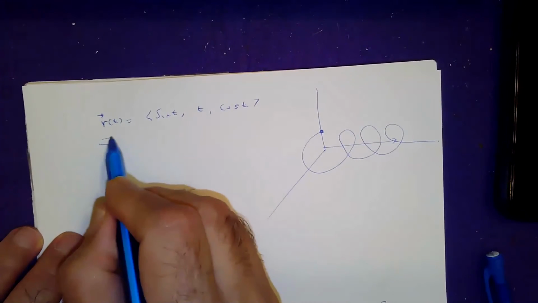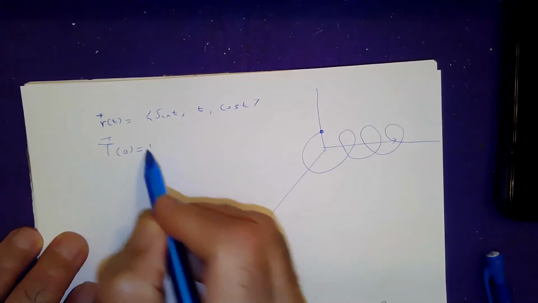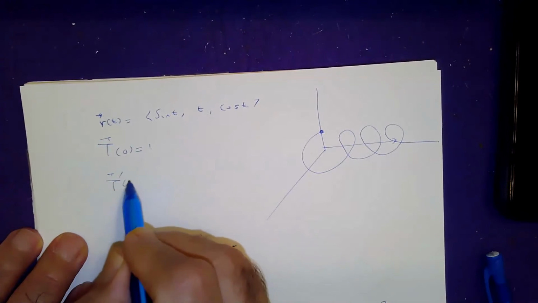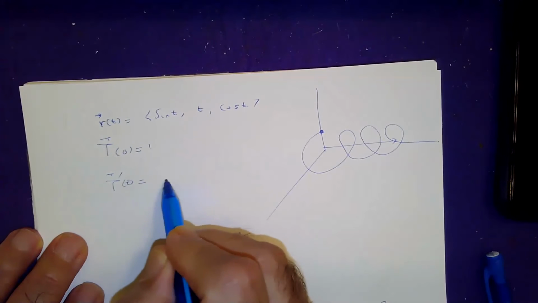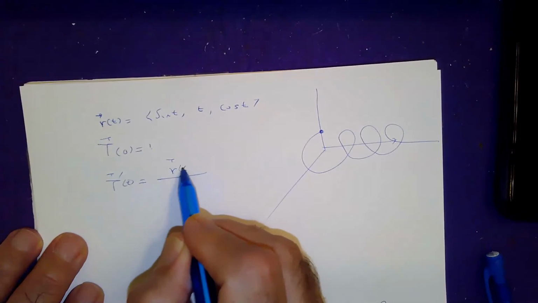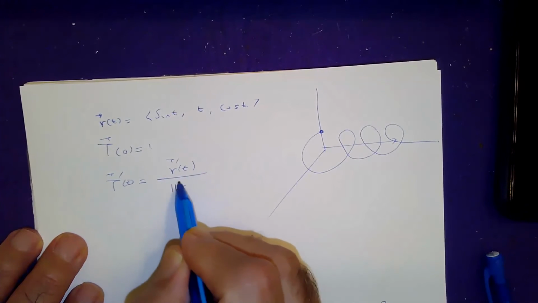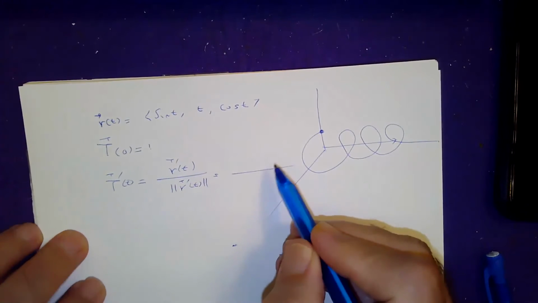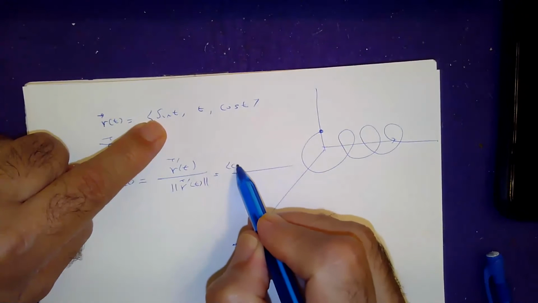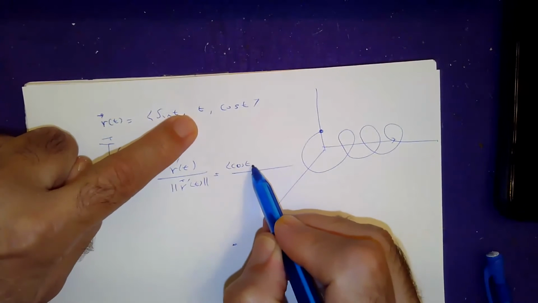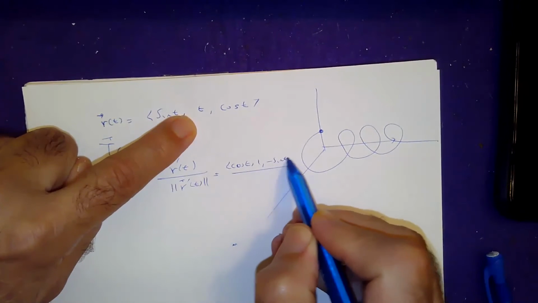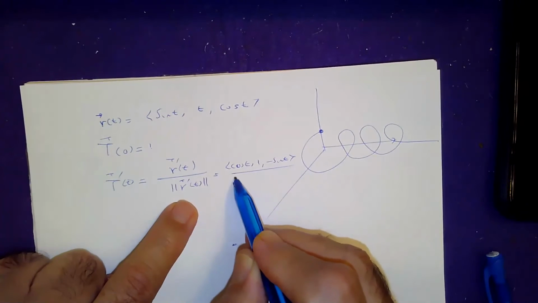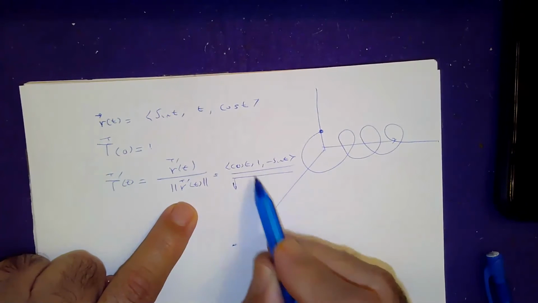So the question is, what is the unit tangent at 0? Remember the definition of unit tangent is r prime of t divided by its magnitude, correct? So in our case, it will be cosine of t, taking the derivative, minus sine of t, over the magnitude. What's the magnitude?